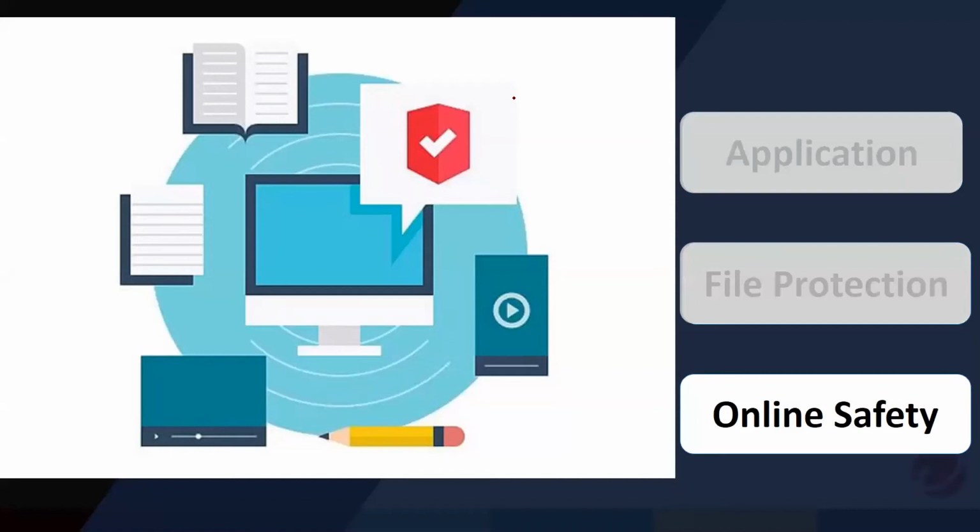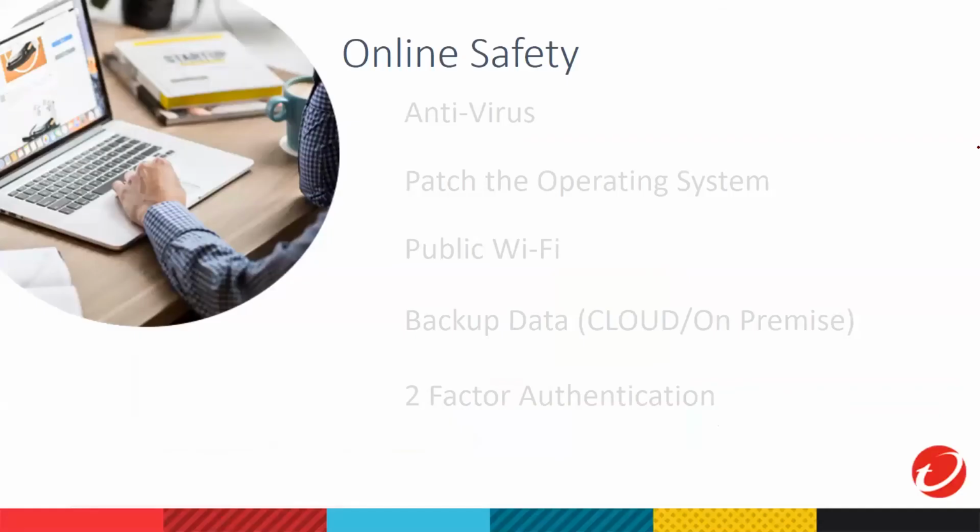For online safety, again, always remember to have an antivirus. I'm not selling any Trend Micro products. I know we're the best, but I'm not telling you to buy one, because what I'm after is the education part.